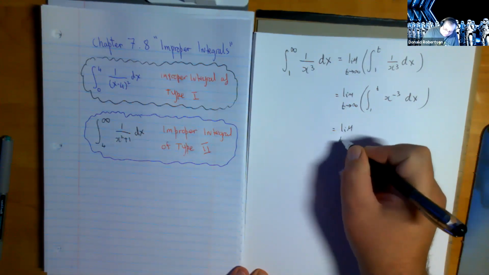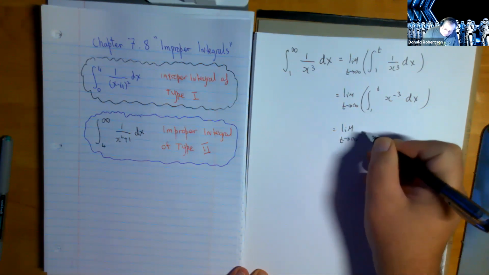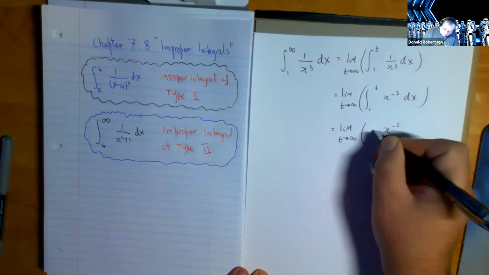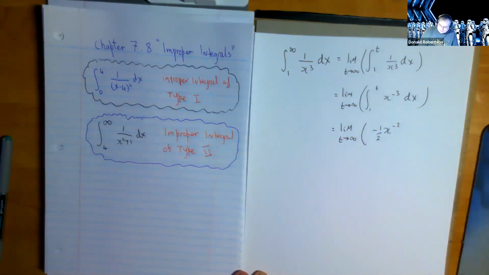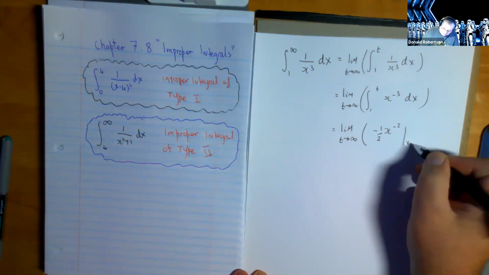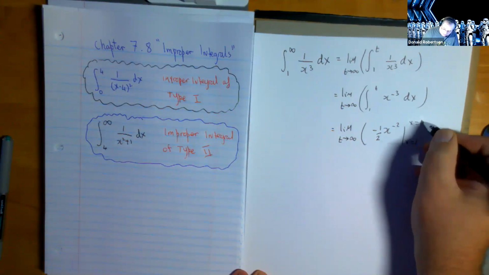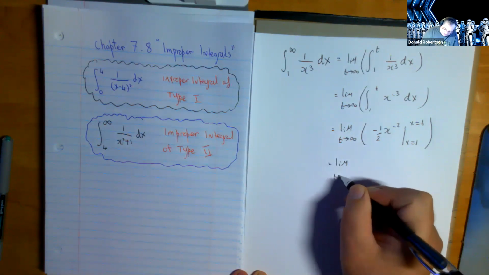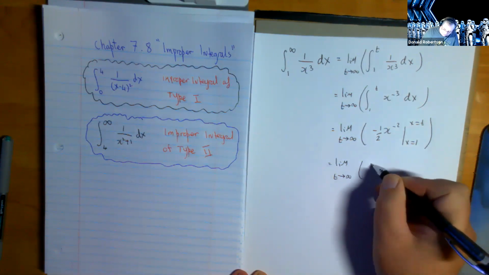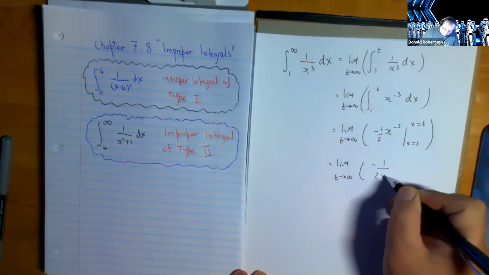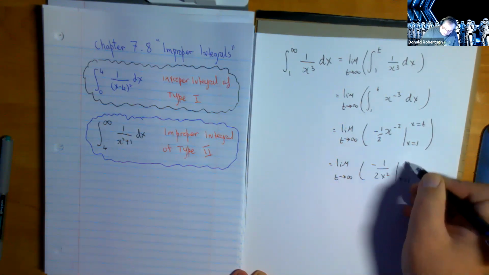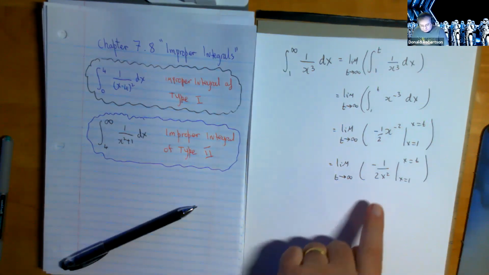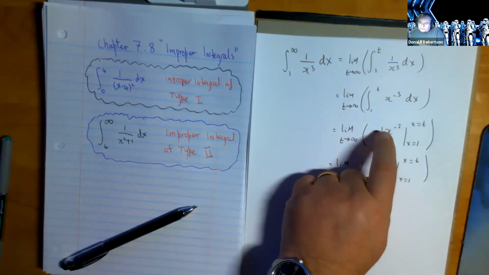So this is going to be the limit as t tends to infinity. Add 1 to the power, which is negative 2. Divide by that power gets you negative a half, and you're going to evaluate it from x equals 1 to t. And then I am going to do this. I call that style points. Why do you think I'm going to use this version rather than that one?